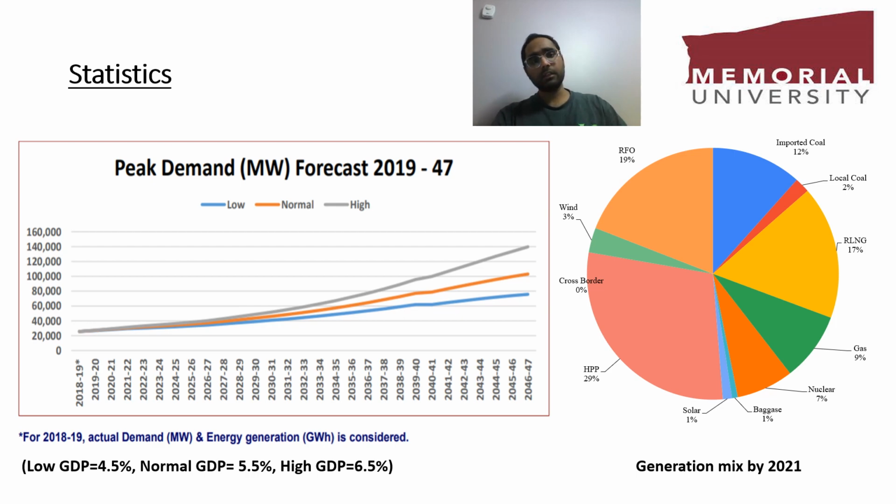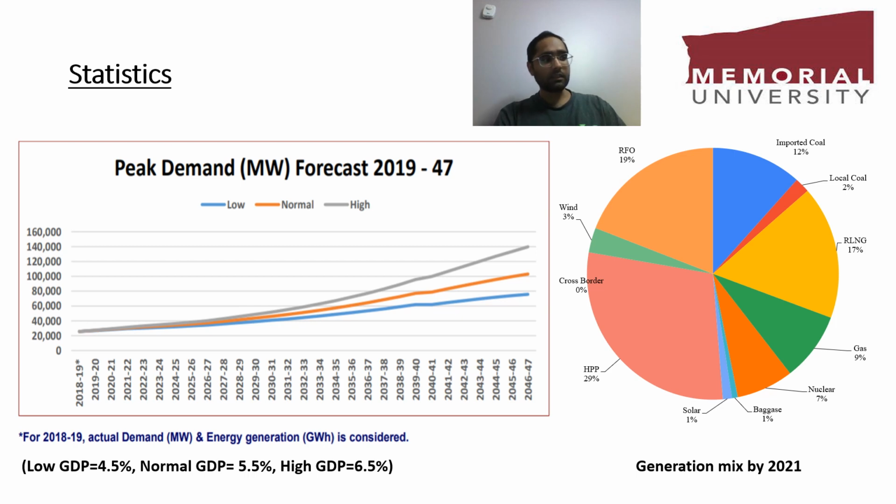And on the left hand side, you can see a peak demand forecast, which is prepared from 2019 to 2047. This forecast is prepared by the National Transmission and Dispatch Company, an institution of Pakistan which is responsible for power transfer to the whole country.